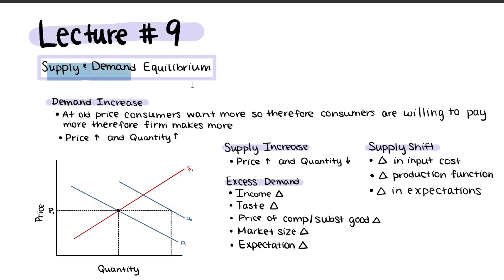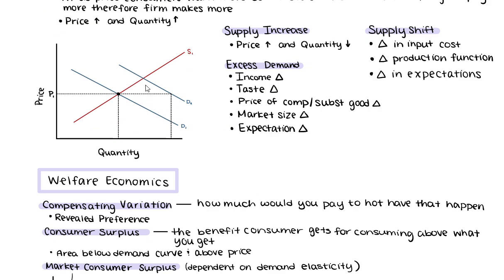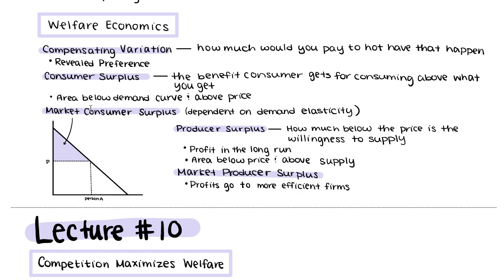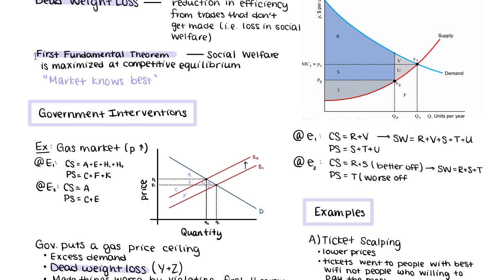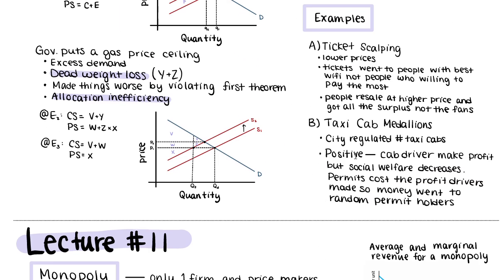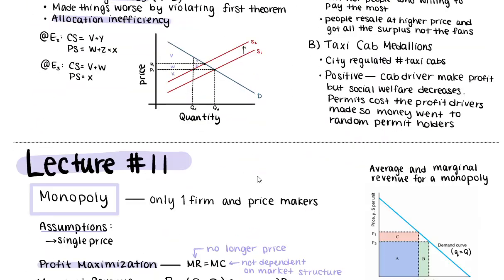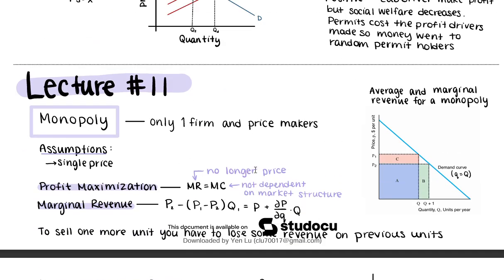And we talked about the factors that impact demand and supply curve shifting, and welfare economics. The first fundamental theorem is that the market knows best, and we saw some ways that government can put in interventions. So that's the key takeaway here. Thank you for listening.